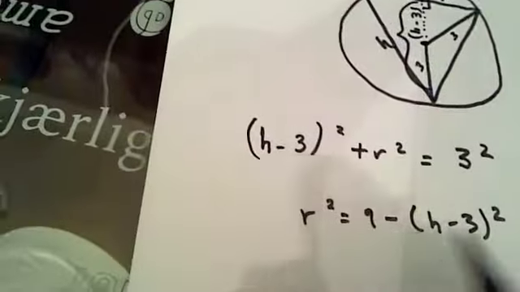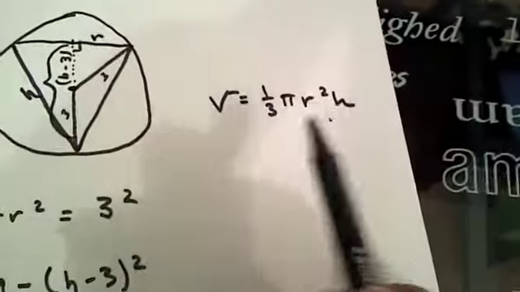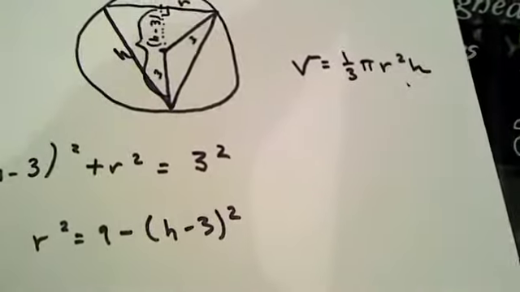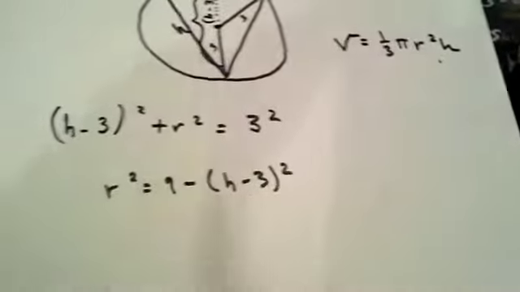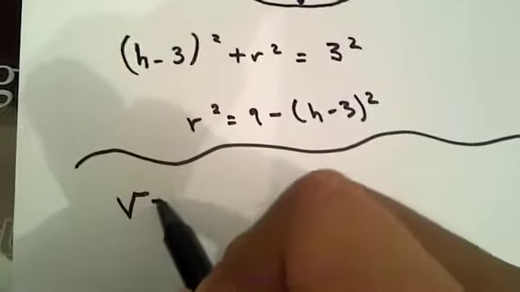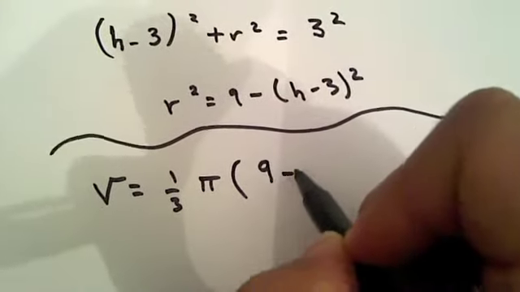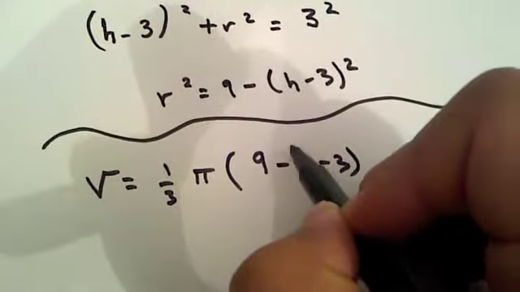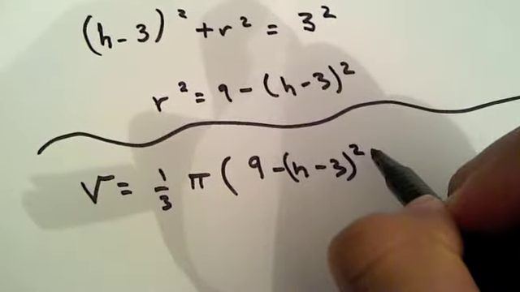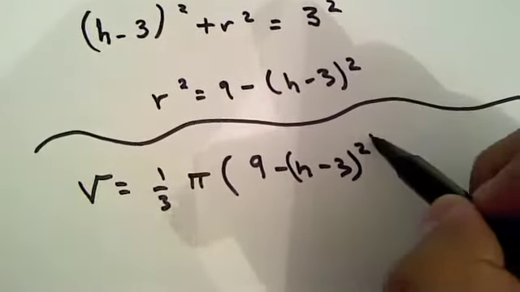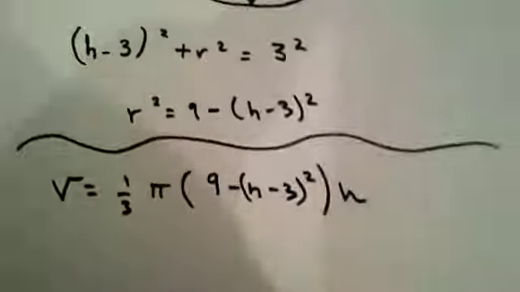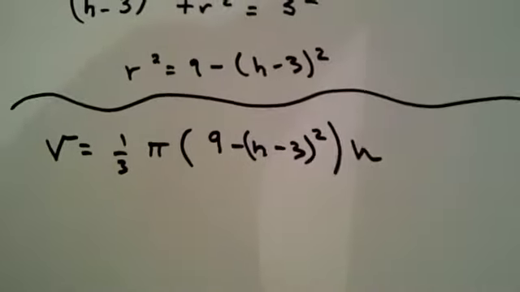Now you can plug that into your volume equation, and that way you will only have one variable. You have V equals 1/3 pi times (9 minus (h minus 3) squared) times h. That would be your formula.